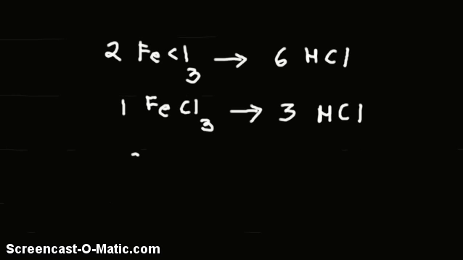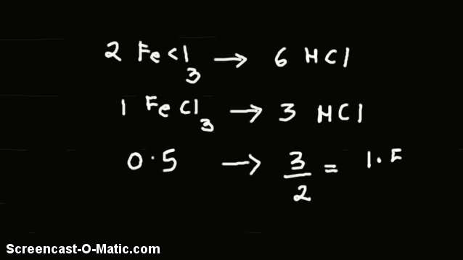Therefore, 0.5 moles of FeCl3 would produce 3 divided by 2, that is equal to 1.5 moles of HCl.